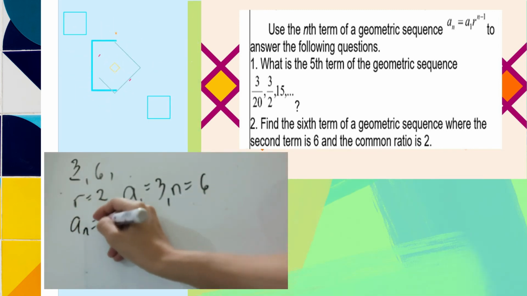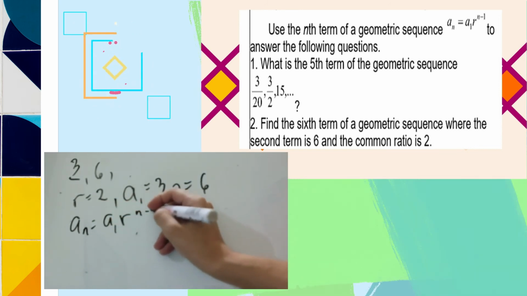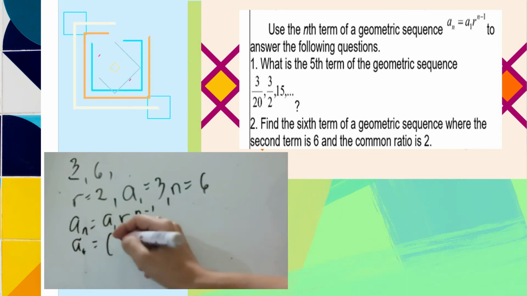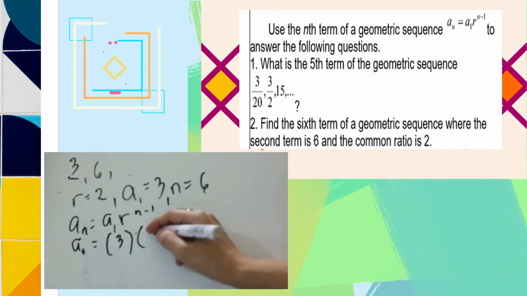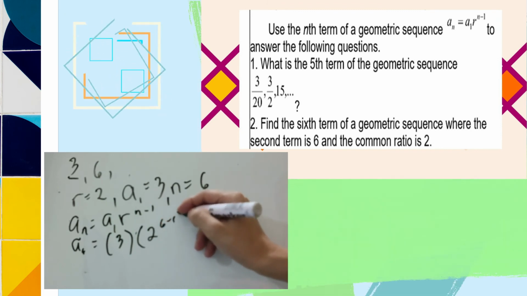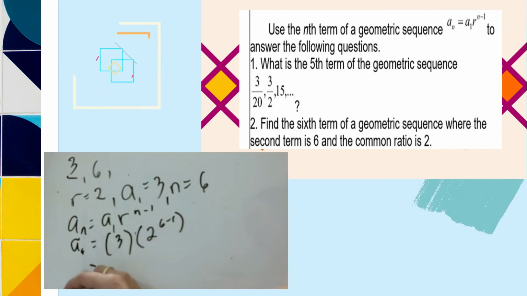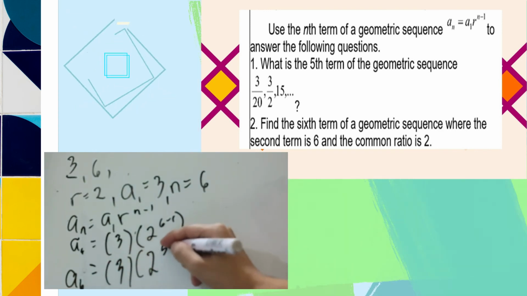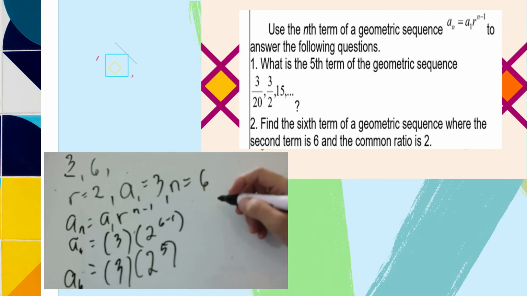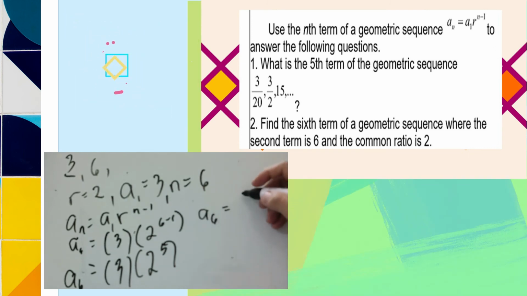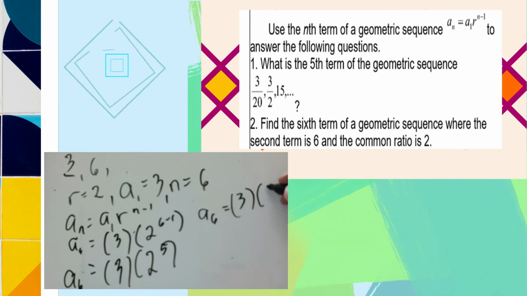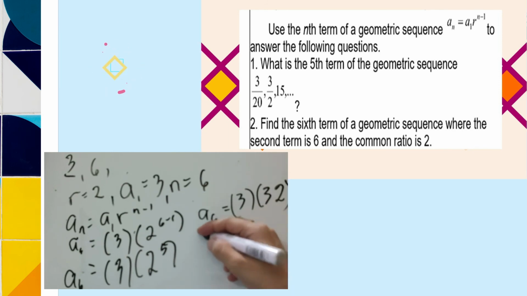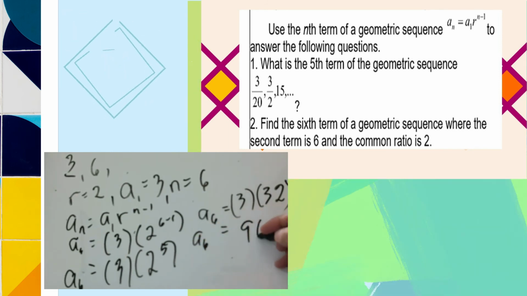So a sub n equals a sub 1 times the common ratio raised to the number of terms minus 1. So a sub 6 equals the first term, 3, times the common ratio, 2, raised to 6 minus 1. Therefore, the 6th term is 3 times 2 to the 5th power. 2 to the 5th power is 32. 32 times 3 is 96.